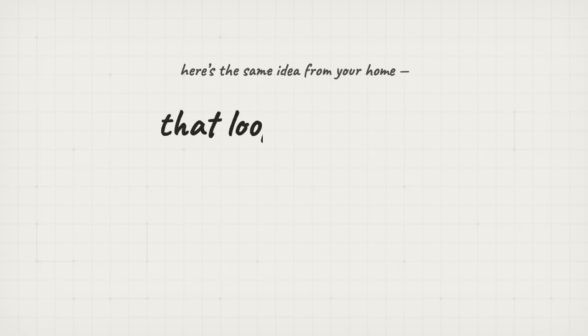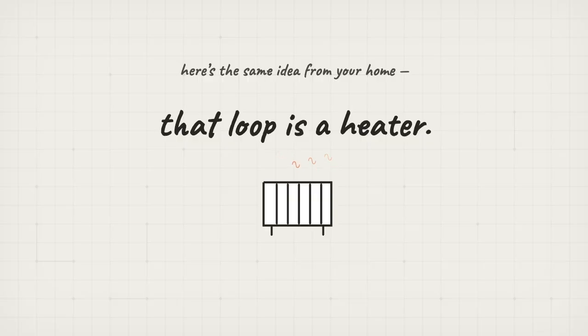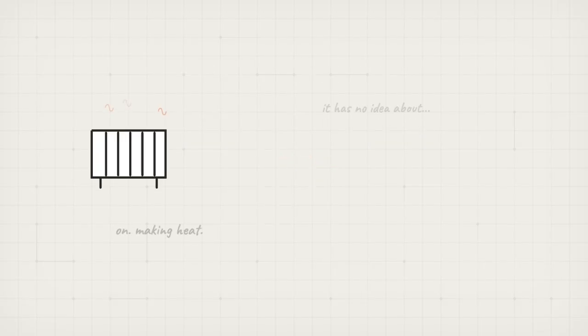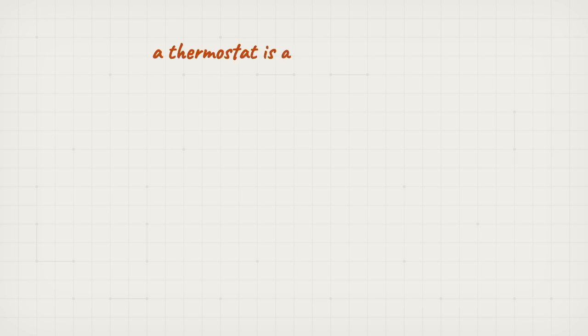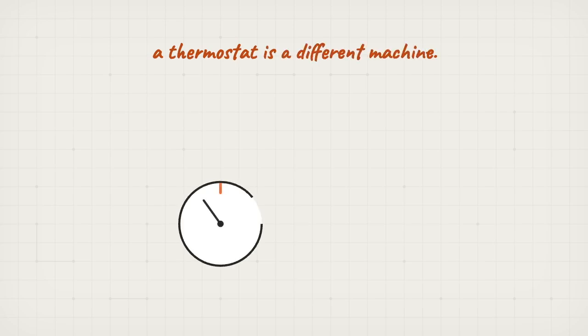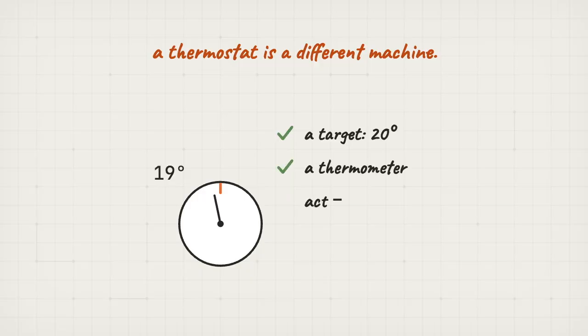Let me explain this with something from your own home. That loop is a heater. You switch a heater on and it makes heat. That's all. It has no idea whether the room got warm, it has no target, and it has nothing to measure with. Now, a thermostat is a completely different machine. A thermostat has a target, let's say 20 degrees. It has a thermometer, so it knows where the room is right now.